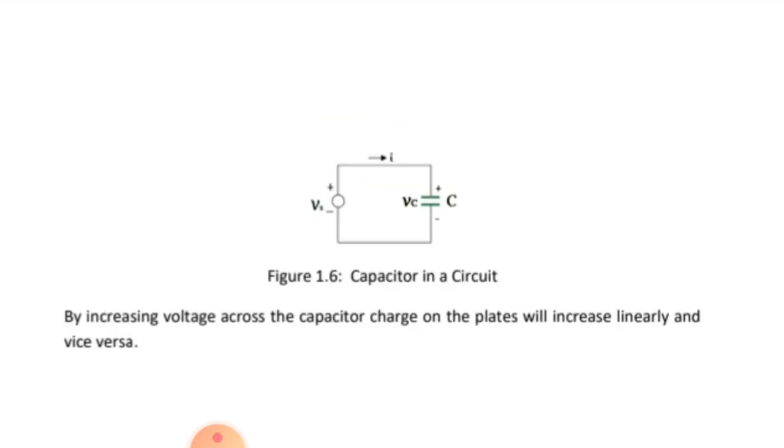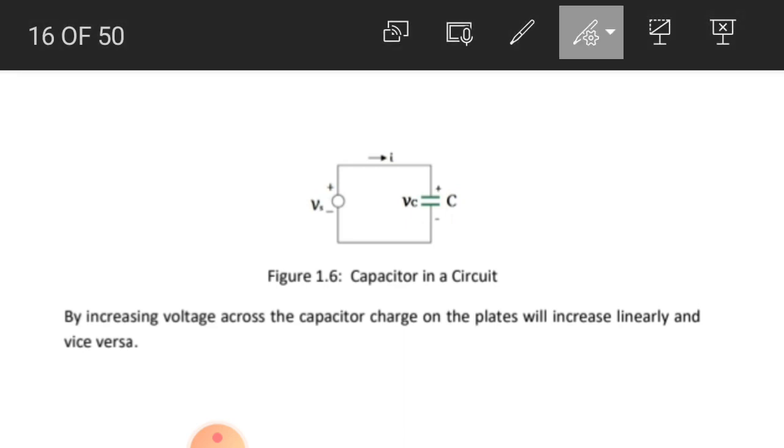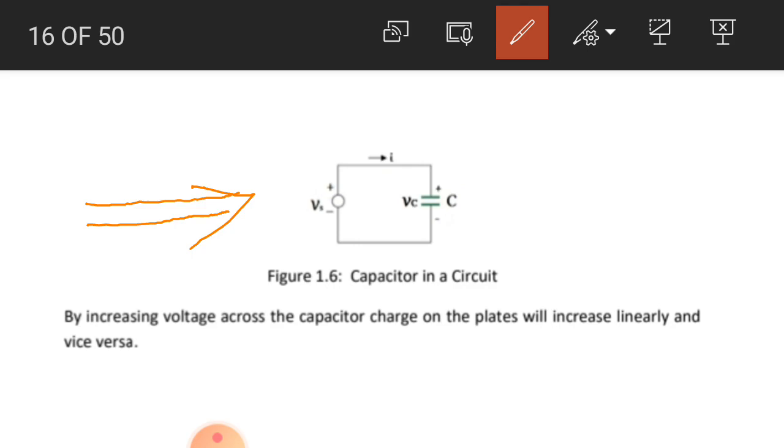Now let us consider this simple circuit. In this simple circuit, we have applied a time varying voltage across the capacitor. Capacitor is a passive circuit element. So we have applied a time varying voltage across this passive circuit element.